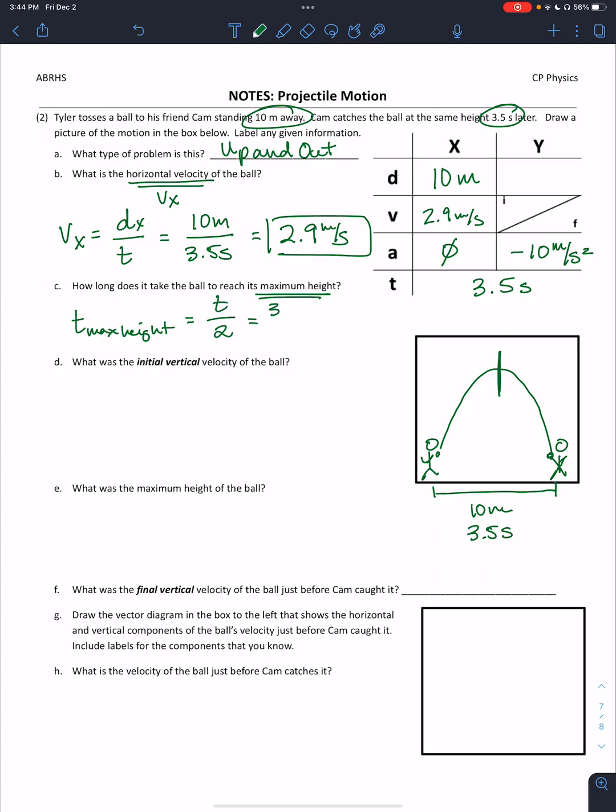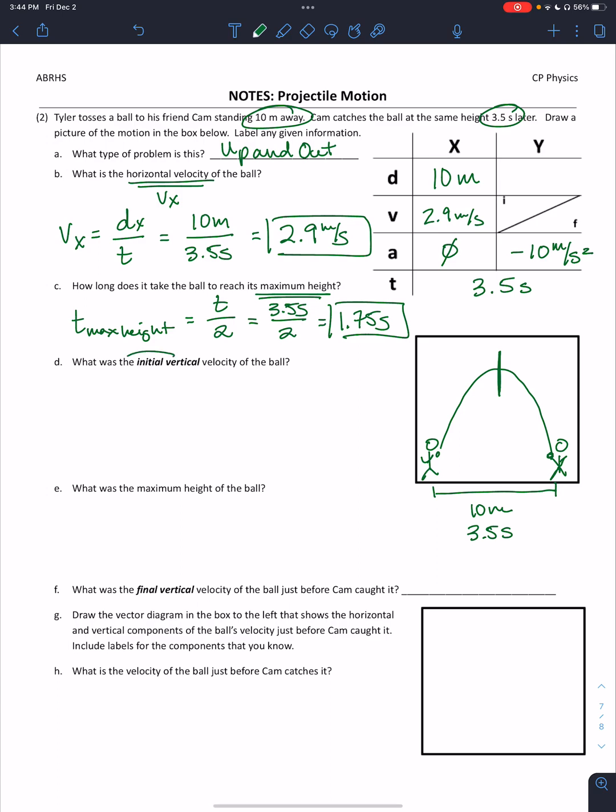So 3.5 seconds divided by 2, or 1.75 seconds. That's the time it takes to reach maximum height. And you might ask yourself, why does that matter? Well, it matters because we know what's going on in terms of the vertical velocity at maximum height. We know that it's 0 up there. So it's a useful piece of information to have.